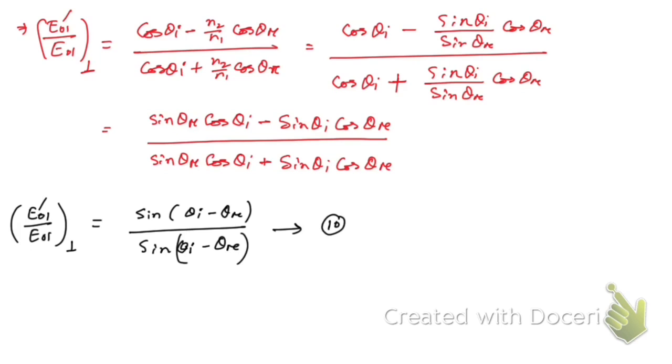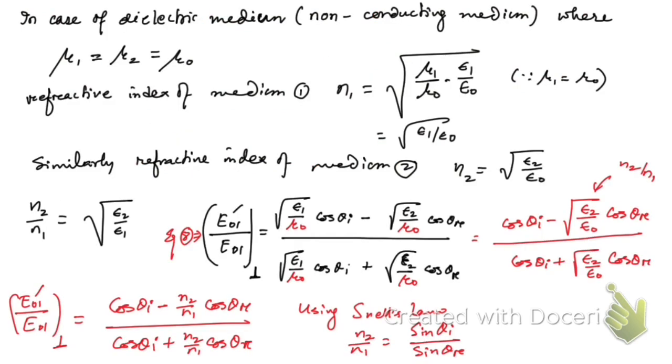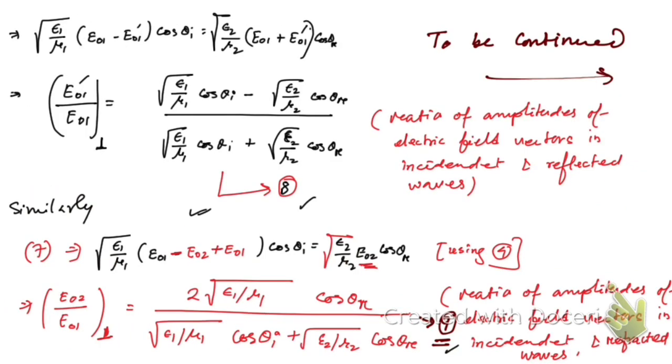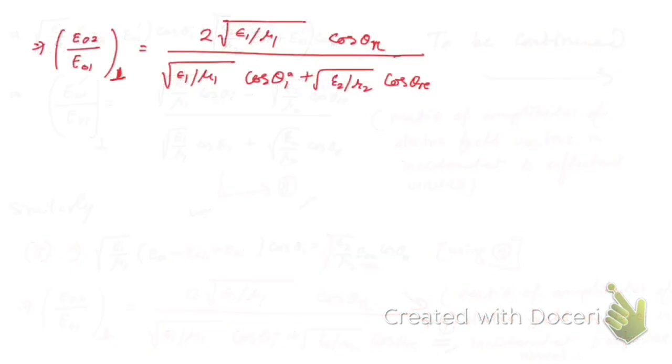using those results, what will be the simplified form of equation number 9? Let me copy this equation number 9 and take a new slide. So this is equation number 9, right?